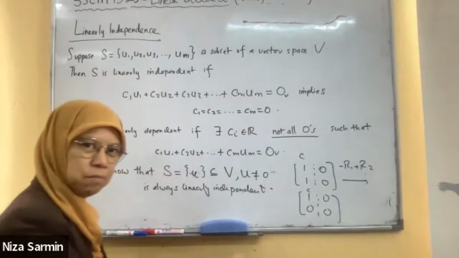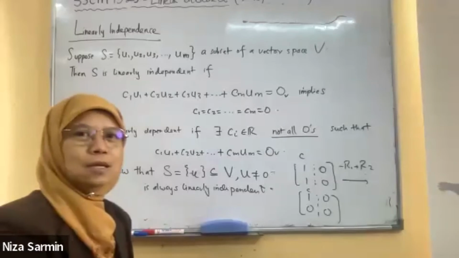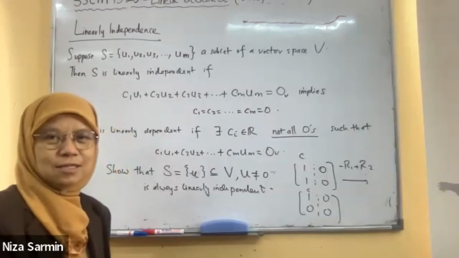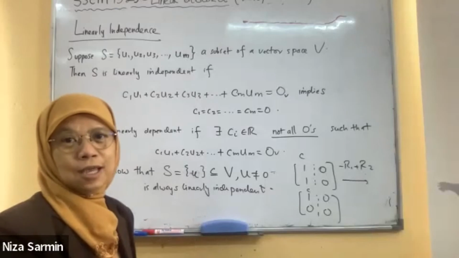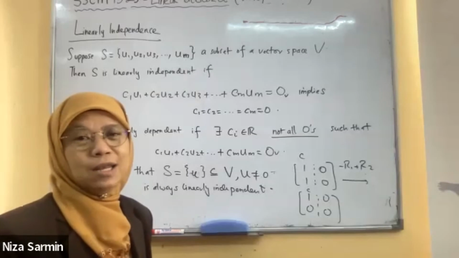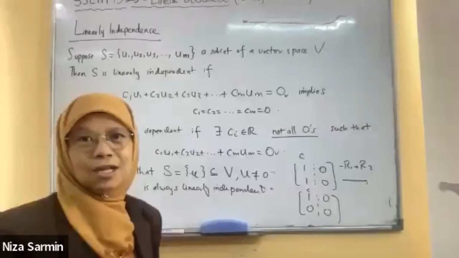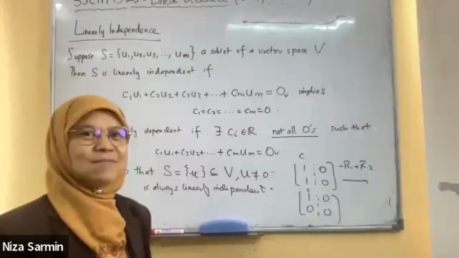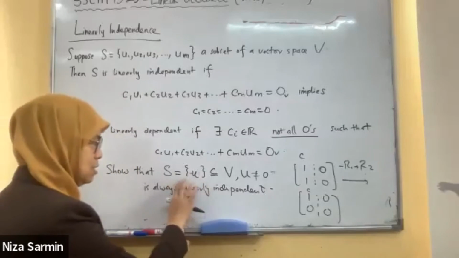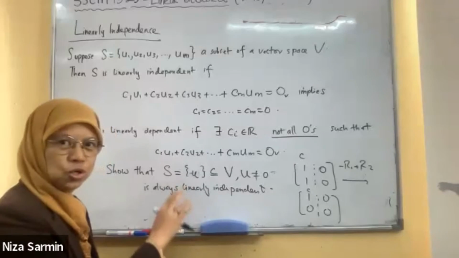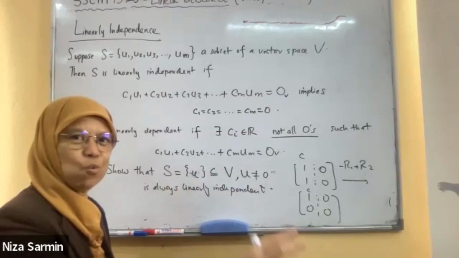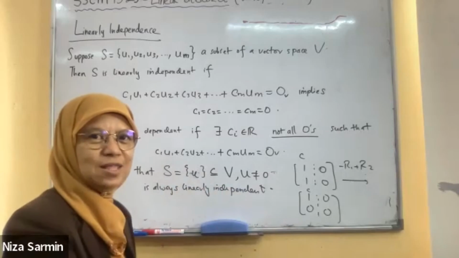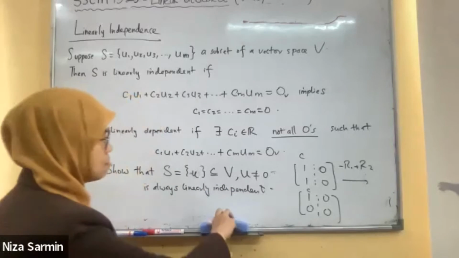Or the question can be asked in words in a sentence. Show that a set consisting of only one non-zero vector is linearly independent. Then you have to write out this is actually the set.